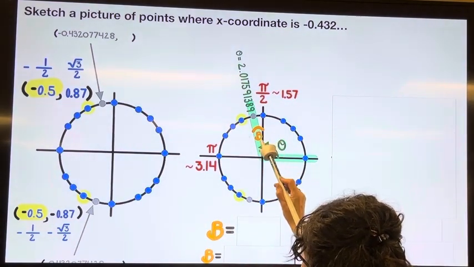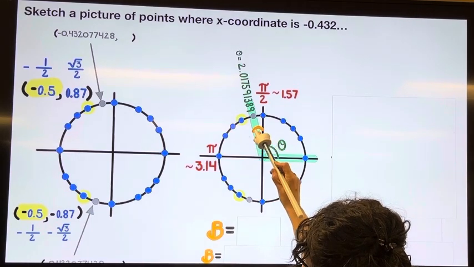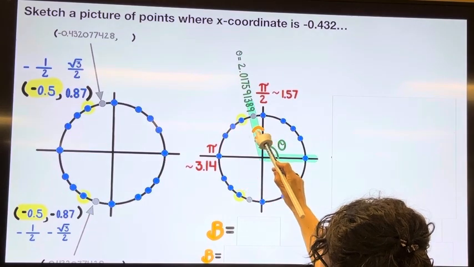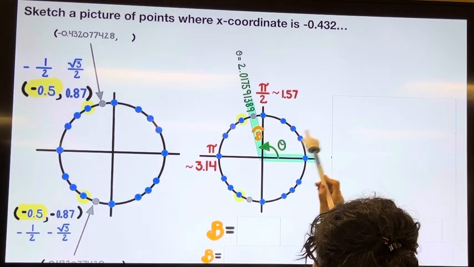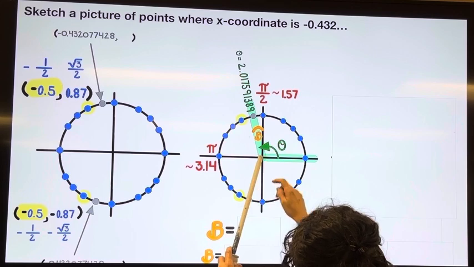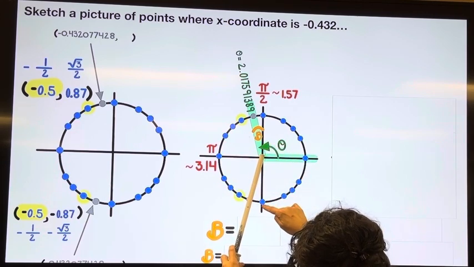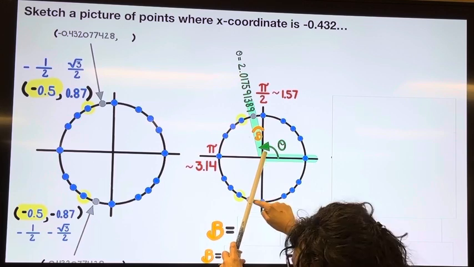So what I could do is, if I could figure out what that little mini angle right there is, that I'm calling beta, then the angle that goes all the way to here is 2 pi over 2 minus that little bit.